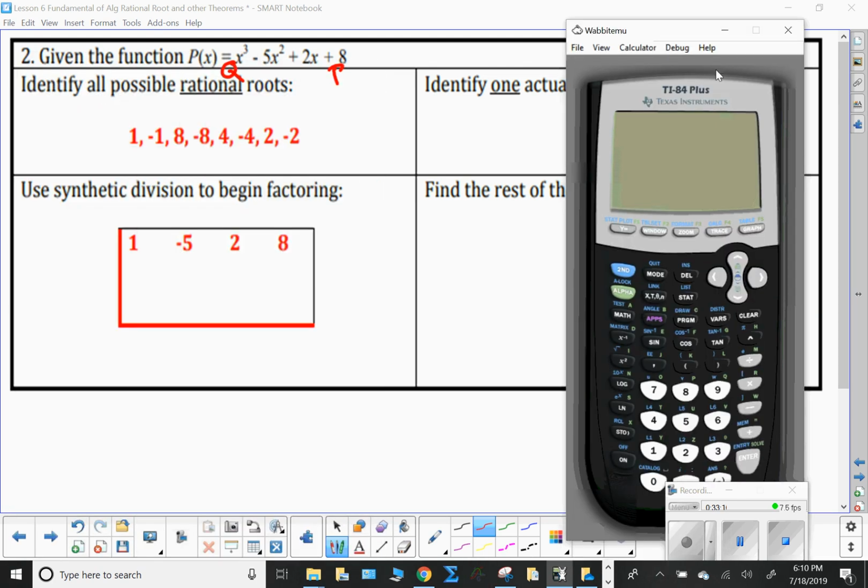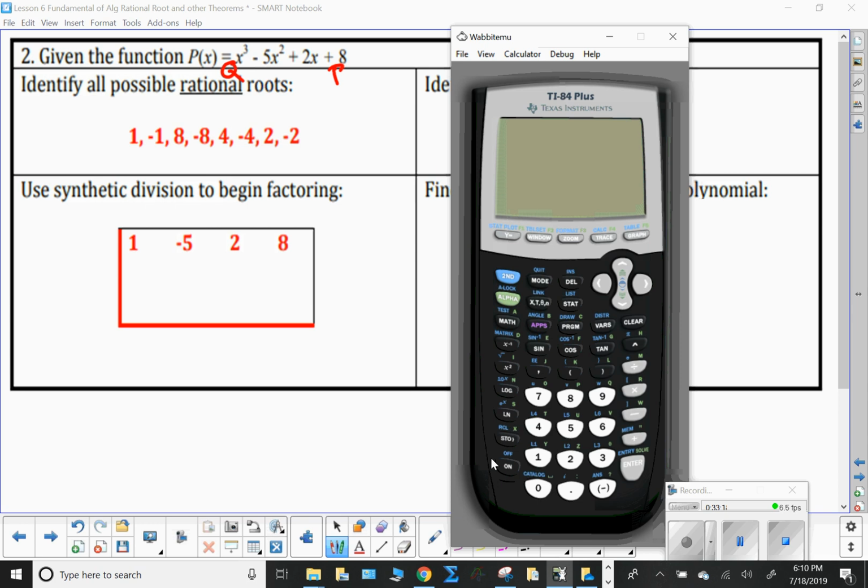So, on Y equals, clear, we'll have x cubed minus 5x squared plus 2x plus 8.